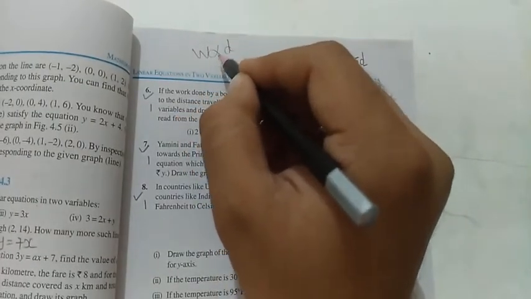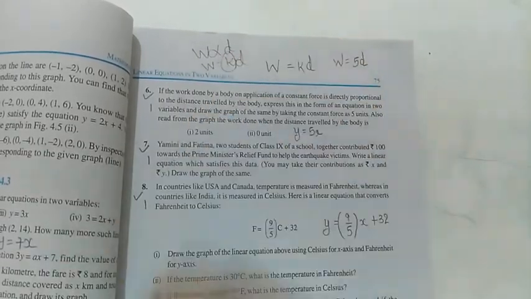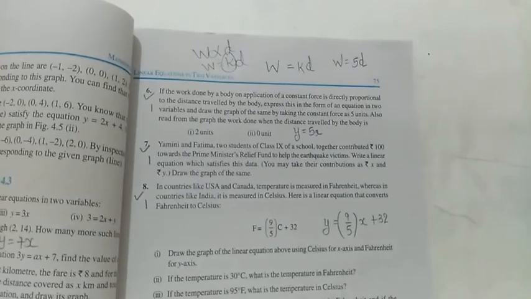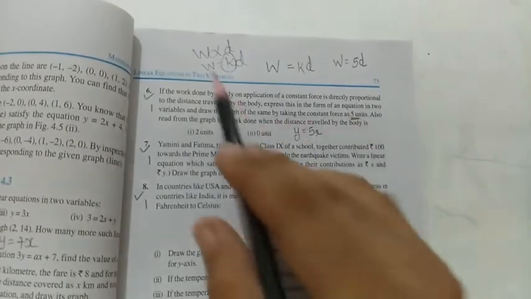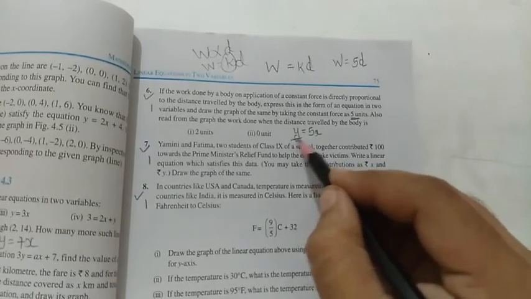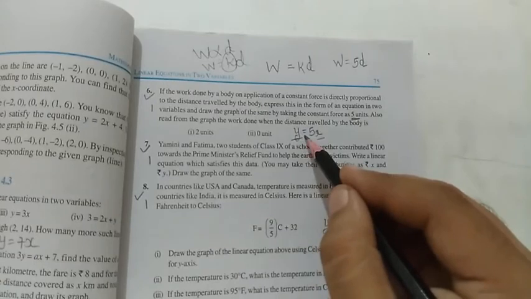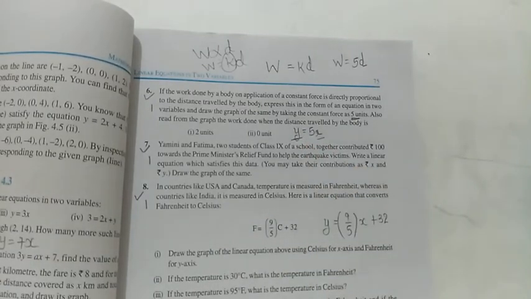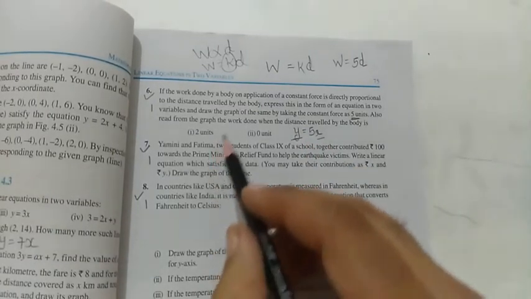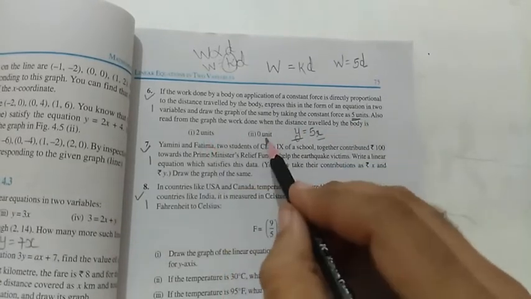If we want to remove this proportionality sign, we have to put some constant, means we put a constant k. Here the constant is given: we have to take 5. So W is equal to 5d. If we take work as y and the distance as x, our equation is y is equal to 5x. Now we have to take the distance traveled by the body as 2 unit and 0 unit.